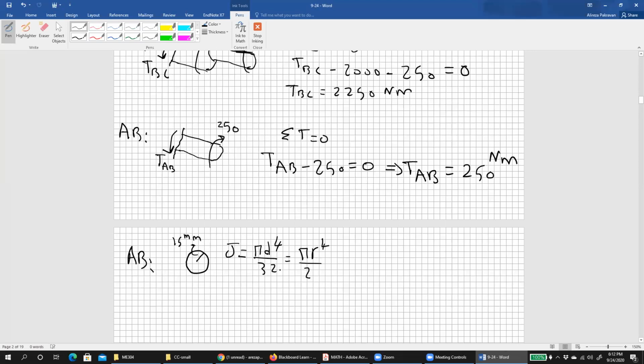In previous problems I used this formula, but for this problem, let's solve based on R. It doesn't matter, you can use 30, but let's use R. I divided by 1000 to change millimeter to meter, right?